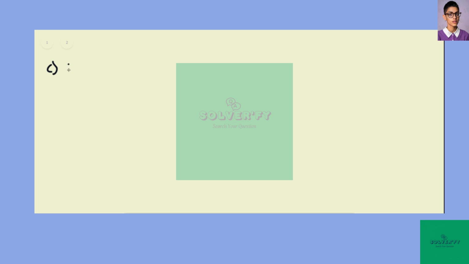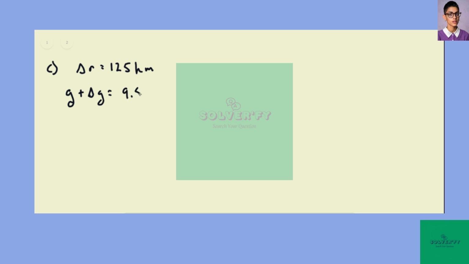Now for part C, we want to look at this for a delta R of 125 kilometers. So we have g plus delta g.